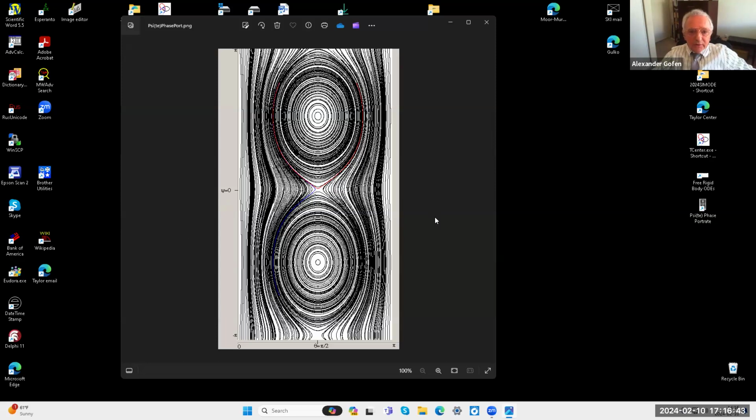This phase portrait clearly shows that we have some important points. The instability point, which was predicted in the 19th century, is this one.